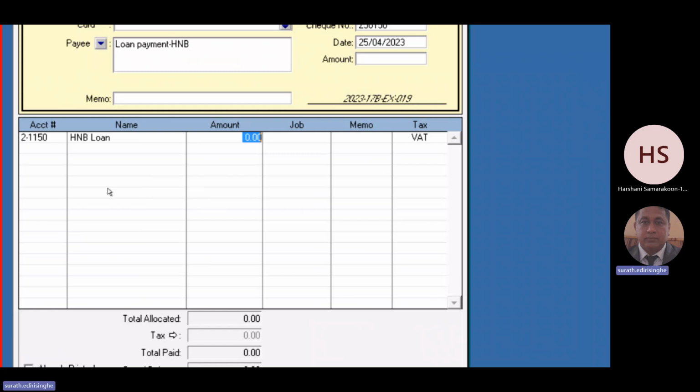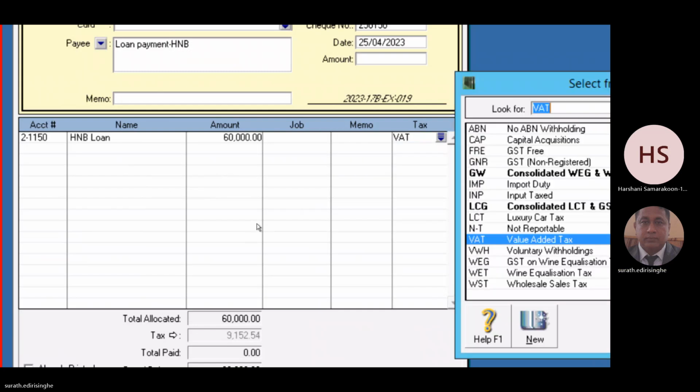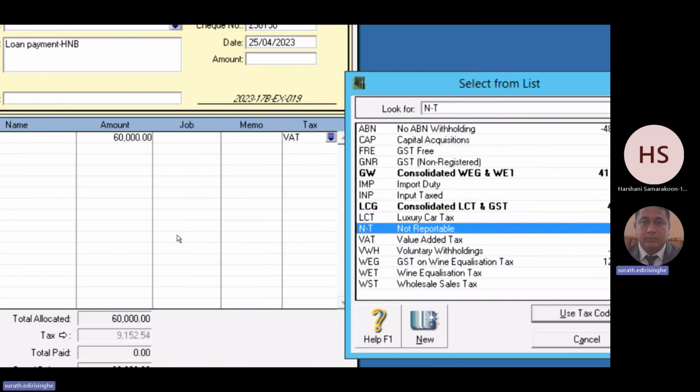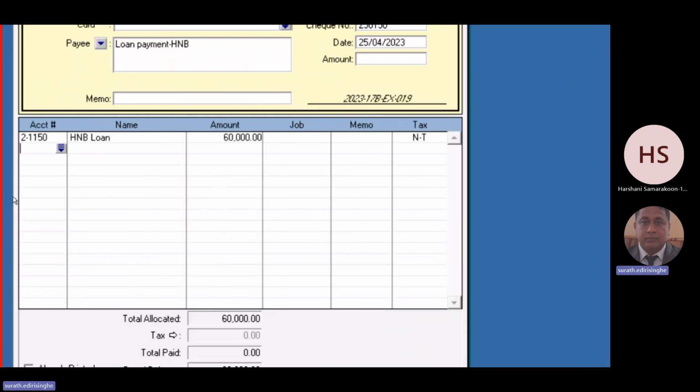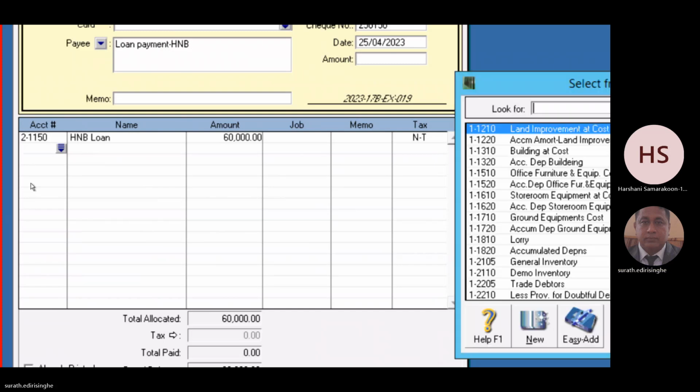Yes, correct. We recorded by capital portion and interest portion separately. 60,000. Not VAT liable. Not reportable. Next one. Debit on where?